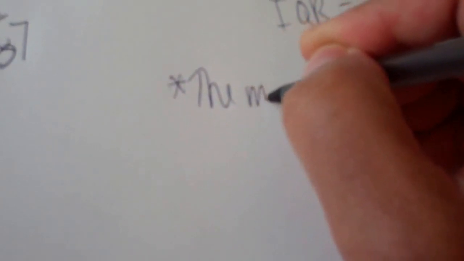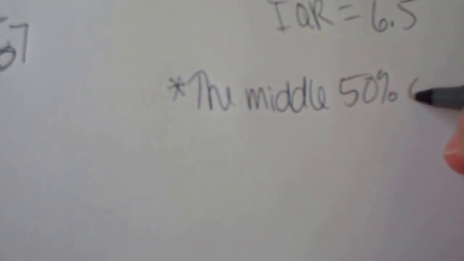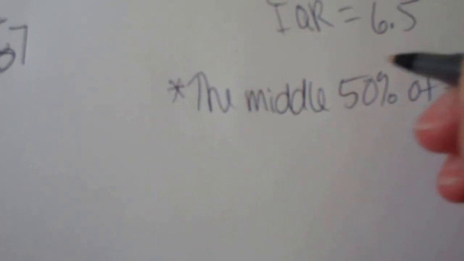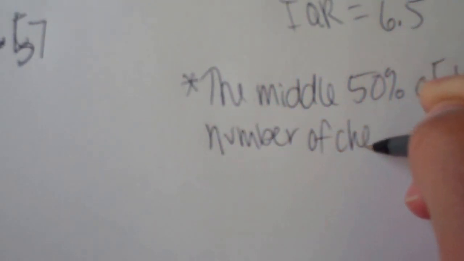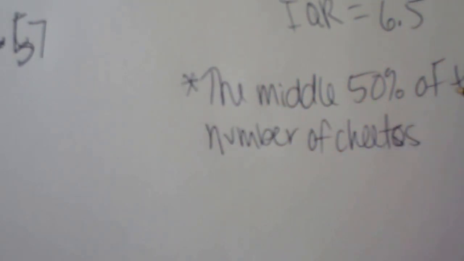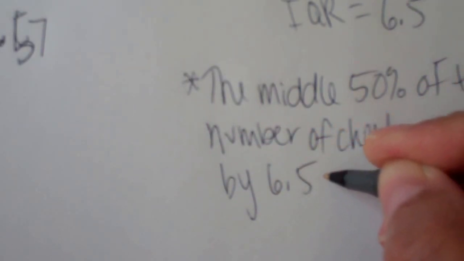Now, putting some context with that, this means that the middle 50% of the number of Cheetos varies by 6.5 Cheetos. If you drew a box plot, you would see that middle 50%. So let me write that sentence for you. This is what the IQR sentence is: the middle 50% of the number of Cheetos varies by 6.5 Cheetos.